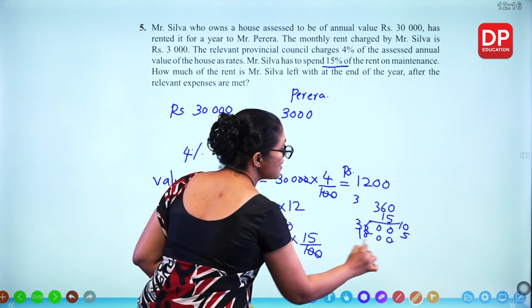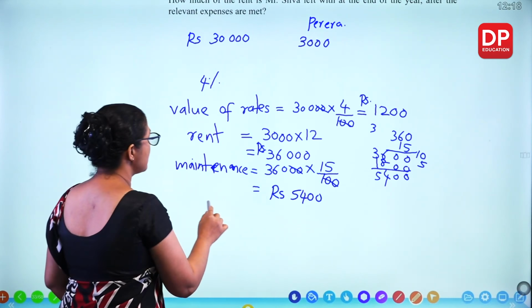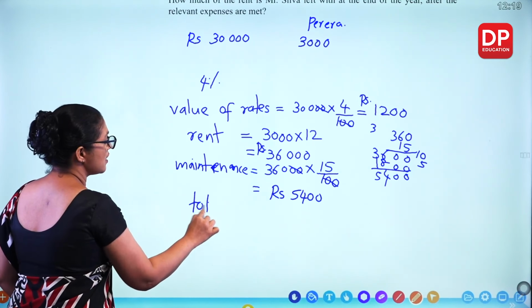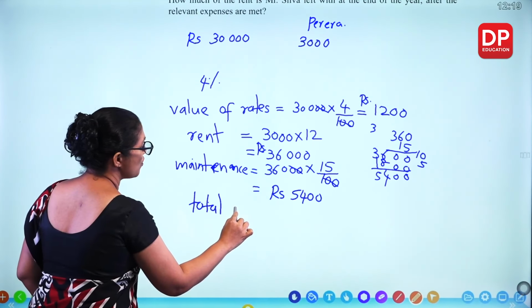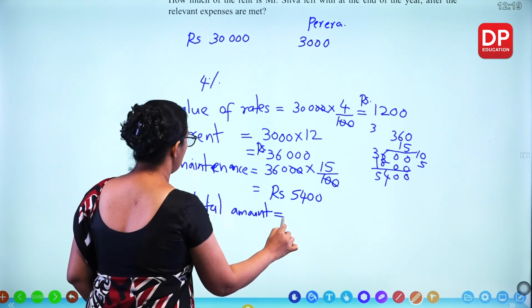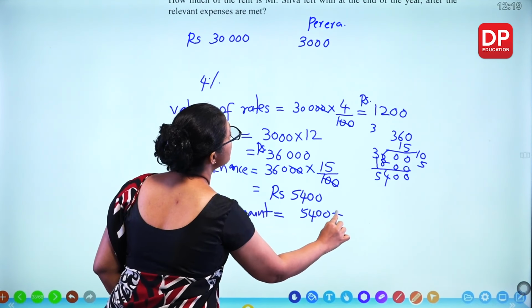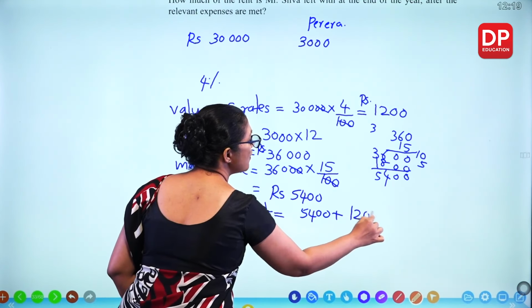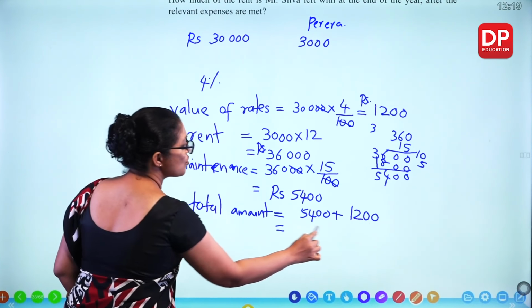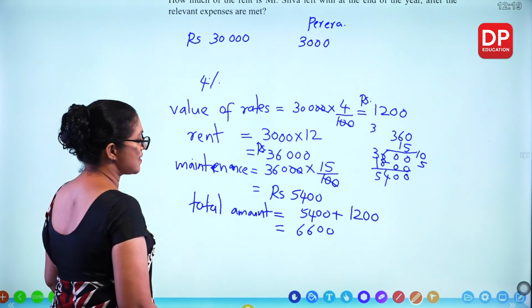So what's the value? So you get 5,400. So what's the total amount that he has to pay? Total amount 5,400 and this 1,200 for tax. Altogether it's 6,600.